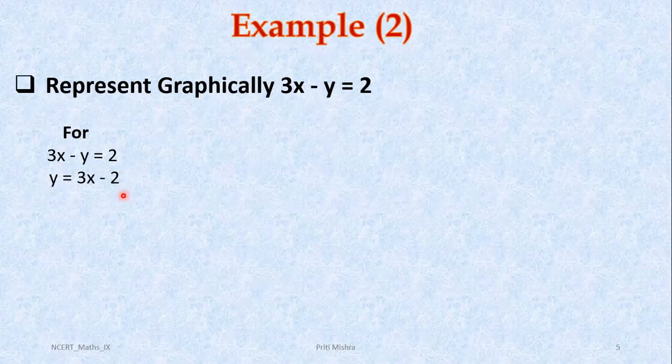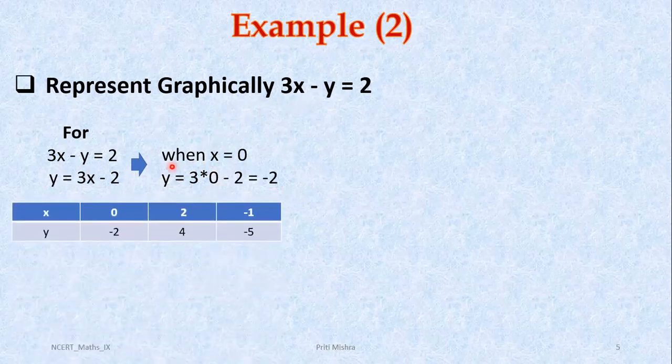Now we will put different values for x and get the corresponding values of y. First we put x equals 0. For x equals 0, this term will become 0, and the value of y will be minus 2. So this is one pair of solution for the given equation. Just like this, we can have many more solutions.